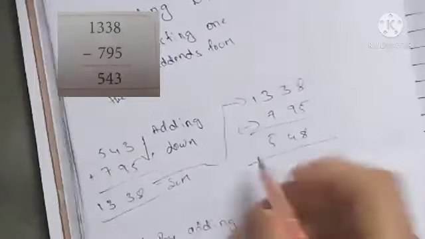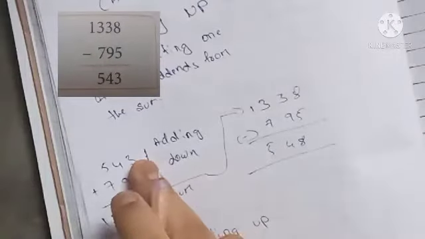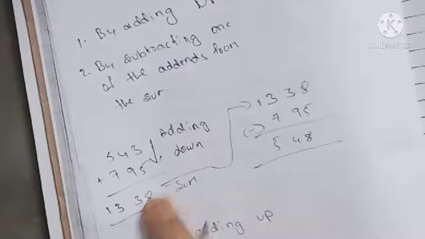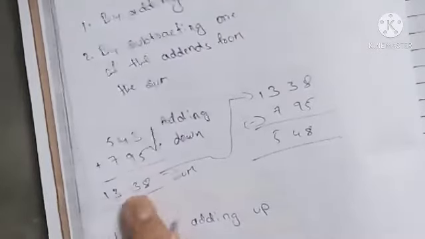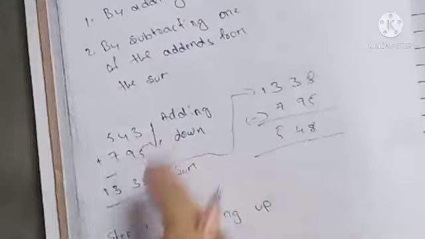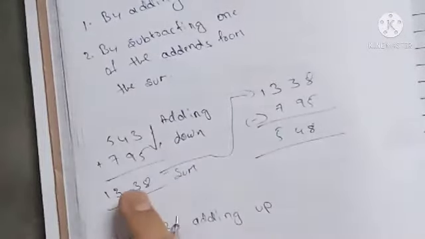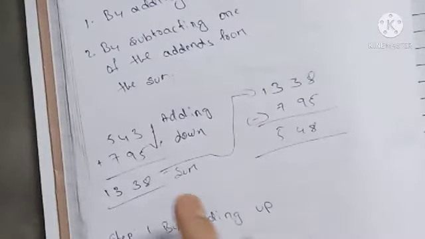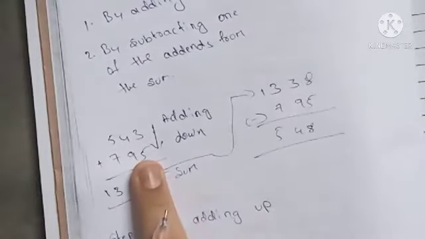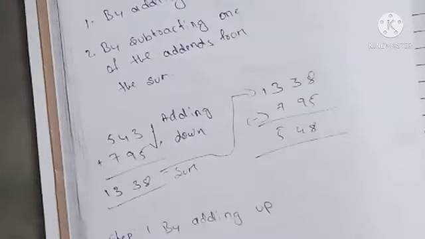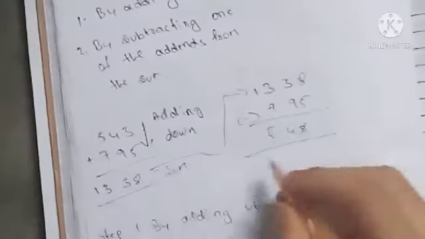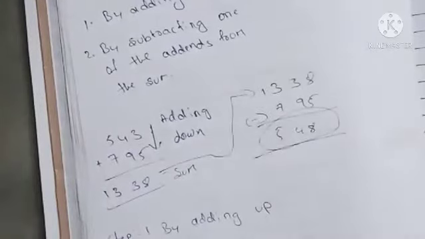Now here, see, this and these two are the same. Means when we add these two, we got this answer. Now when we subtract the sum from this, then what will remain is the up one, that we got as the subtraction answer.